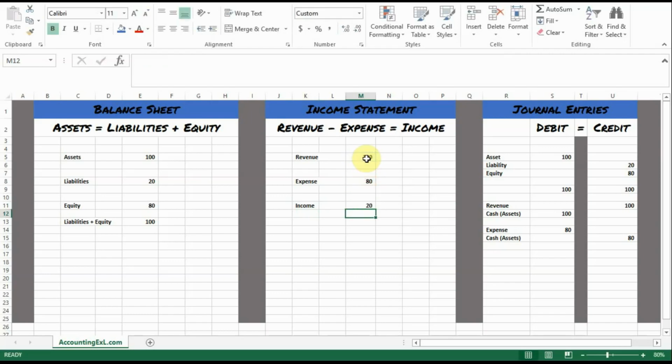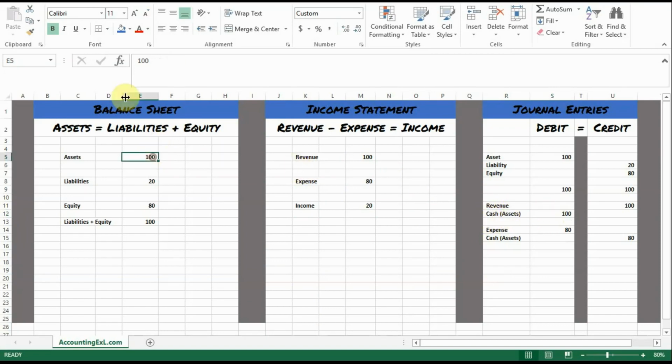All right. So these transactions have an effect on the income statement, but they also have an effect on the balance sheet, because here we have cash of $100. So we need to reflect that on our balance sheet. So to do that, this is a debit to cash, $100.